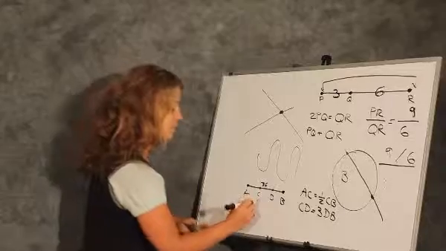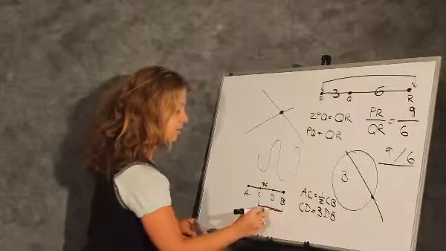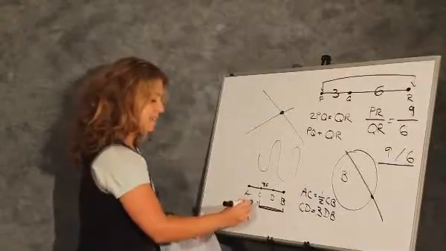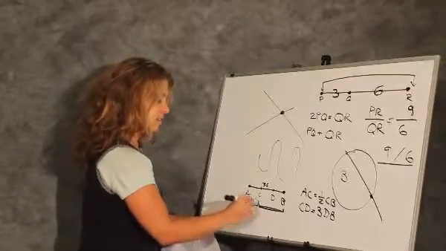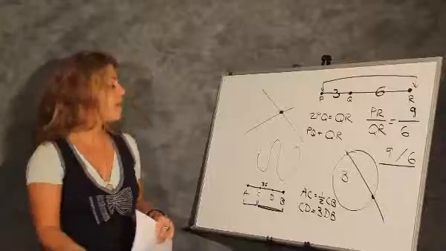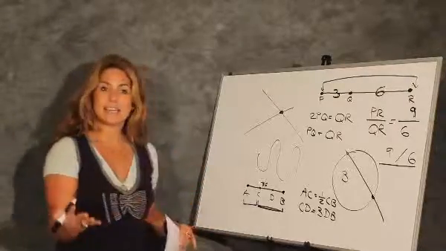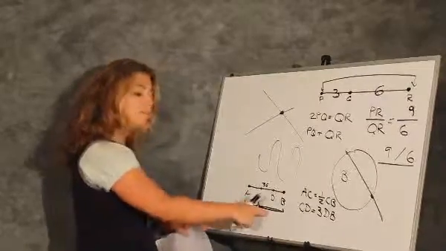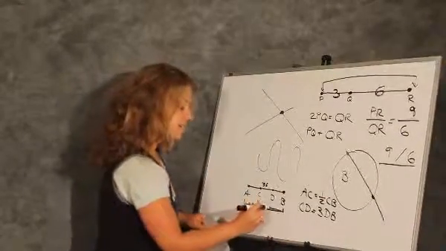So if we break this down in terms of this, which is our CB, and AC, if we said that AC is, let's say, 10, then that would mean that CB is 20.